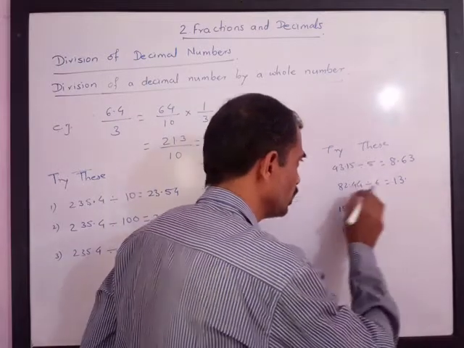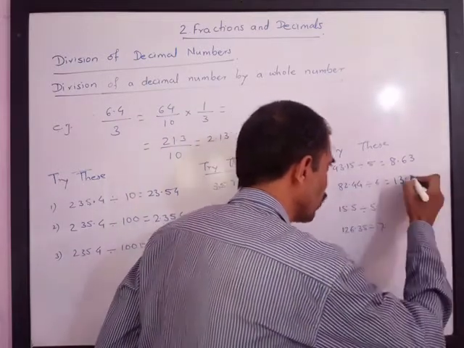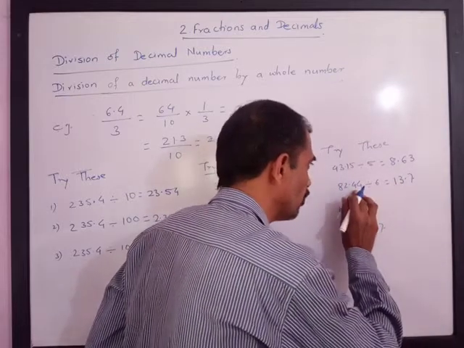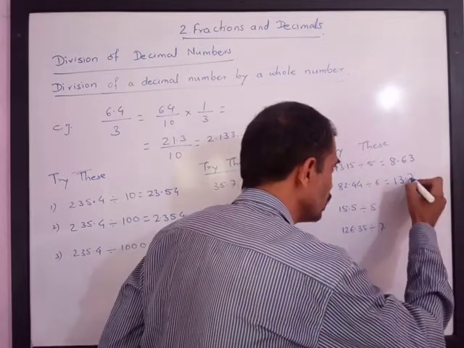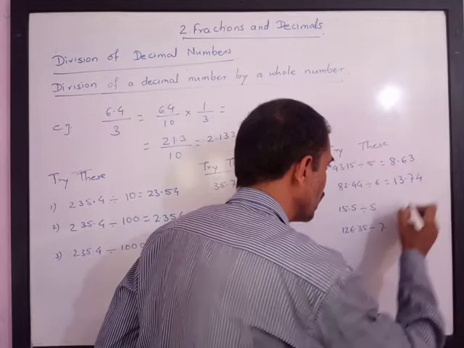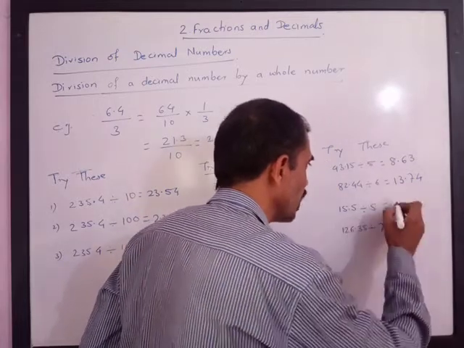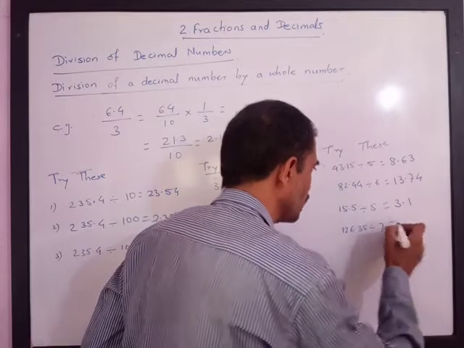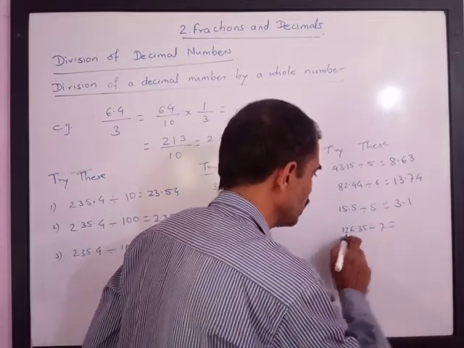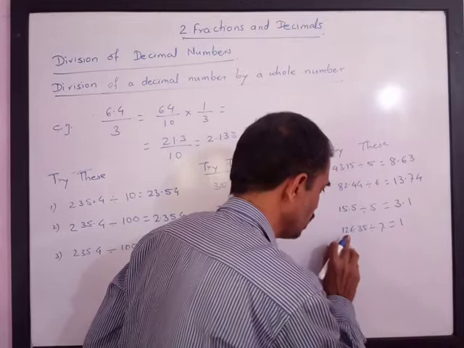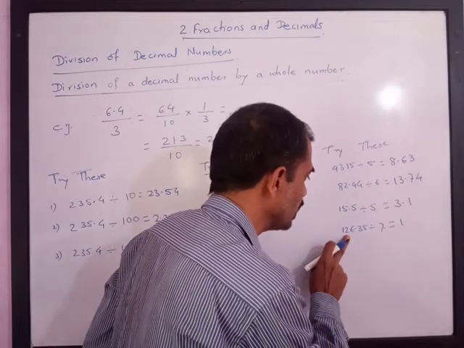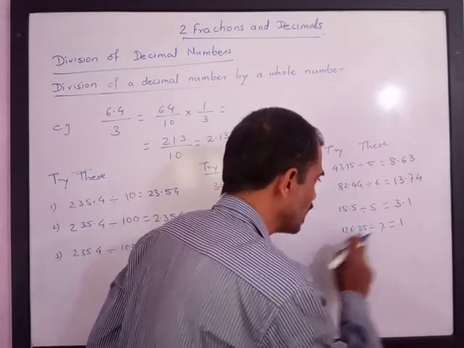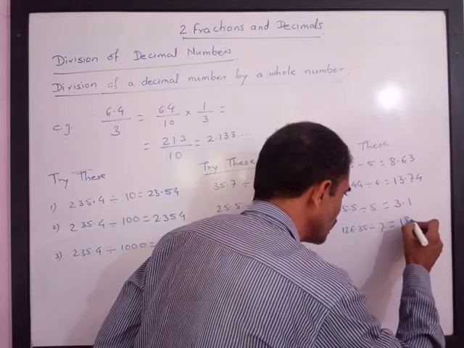Decimal point. 6 7s are 42. 2 left. 24. 6 4s are 24. Next is 5 3s are 15. Decimal point. 5 1s are 5. Next is 7 1s are 7. 12 and 7 is 5. 56 left. So 7 8s are 56.